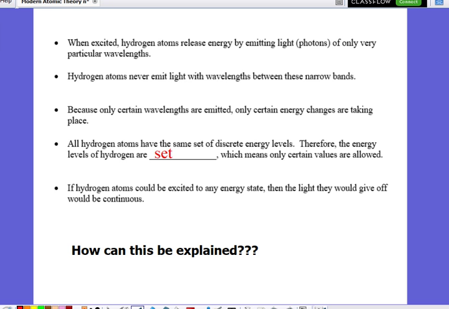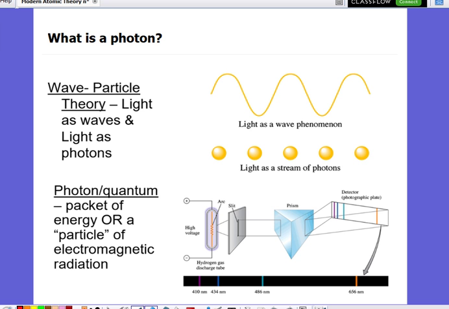When an atom of hydrogen is excited, it can release a certain amount of energy at certain wavelengths. And it always exhibits the exact same wavelengths. So anytime you heat up hydrogen or excite hydrogen, you get these four wavelengths of light that we can see.